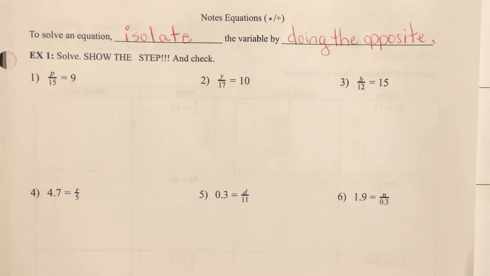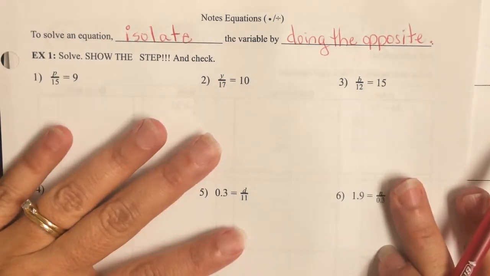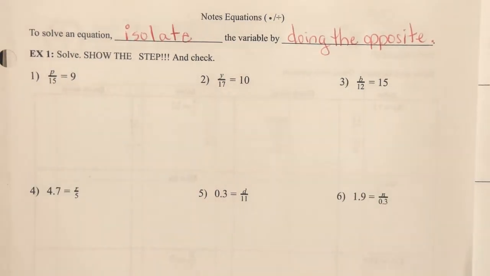Here we go. So look at the first one. If you read that thing, it says P divided by 15 equals 9. I need you to kind of grow up in the 6th grade world and listen. That is a fraction bar.